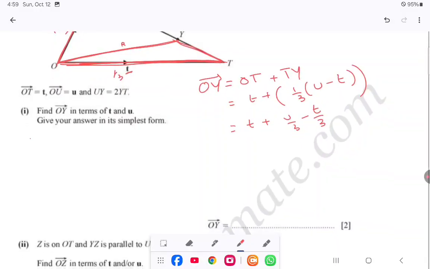Solving it further, T negative of T over 3 plus U over 3 becomes 2 over 3 T plus U over 3, or we can say 2 over 3 T plus 1 over 3 U. This is our OY answer in the simplest form.